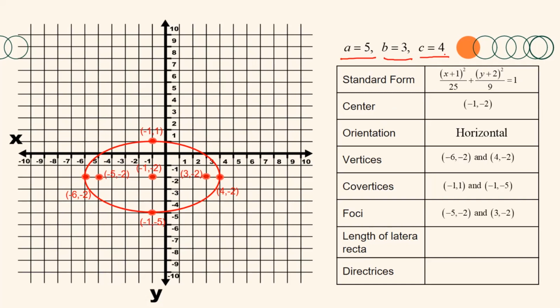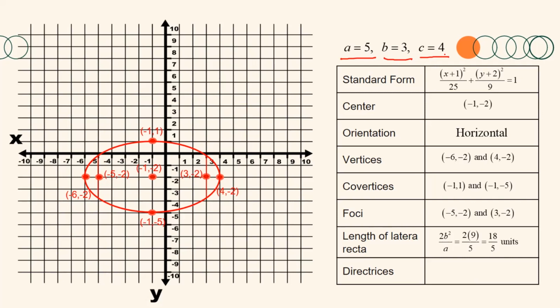The length of the latus rectum is represented by 2b² over a. Substituting the values of b² and a, we will have 2 times 9 all over 5, which is 18 over 5 units.